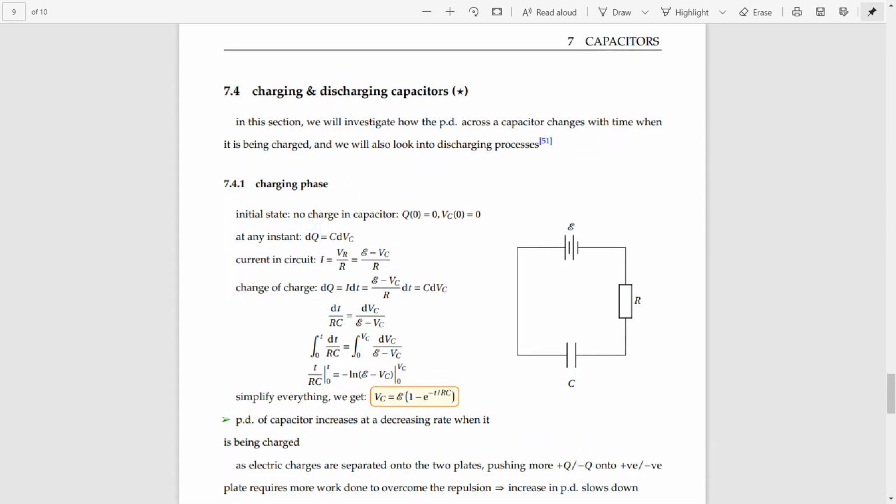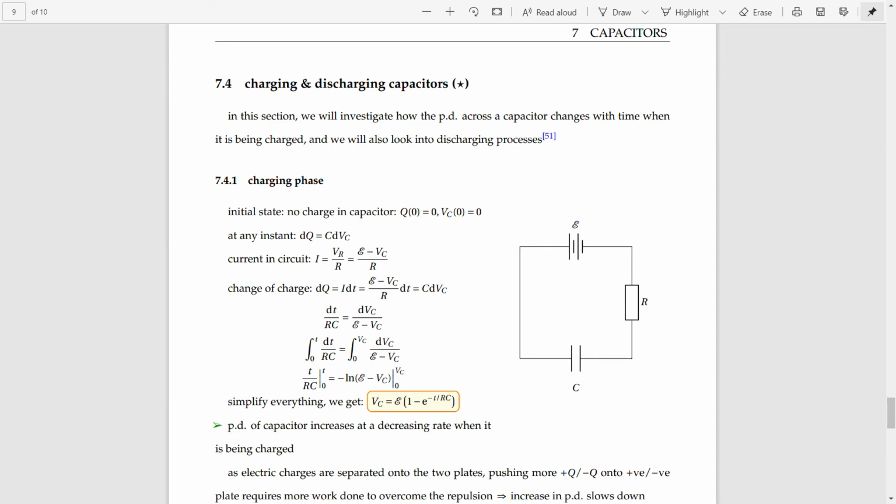Discharging and charging capacitors is very important. If you don't get the concept of this, you may have a problem. Let's discuss this section. Initial state: no charge in the capacitor, as I told you already.